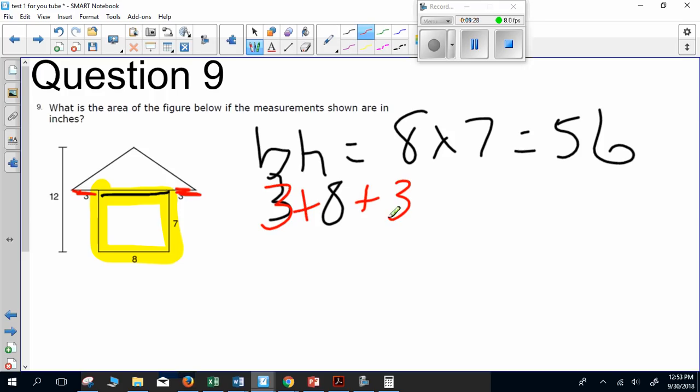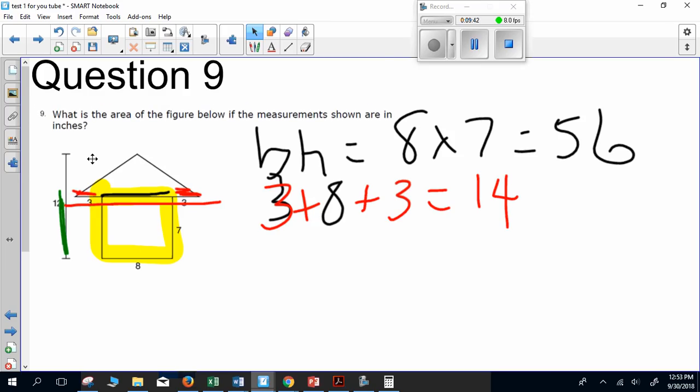plus 3 equals 14. So this entire line here is 14. Then when I look at it here, I see that this line here is 7. Well, the whole line is 12. So I need to think in my head, what is 12 minus 7? Well, that's 5. So this part of the height of the thing is 5.